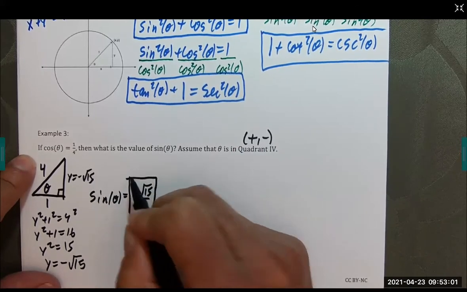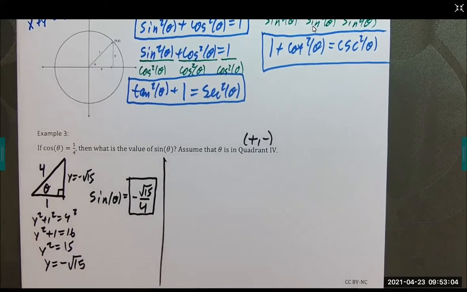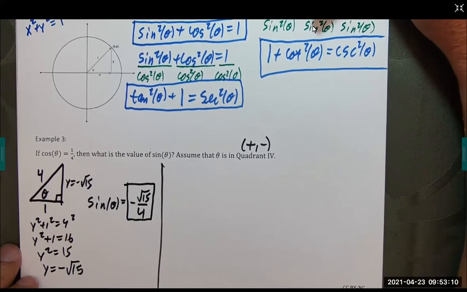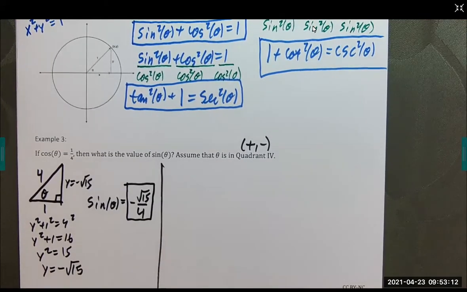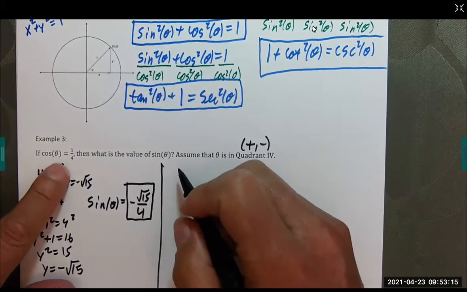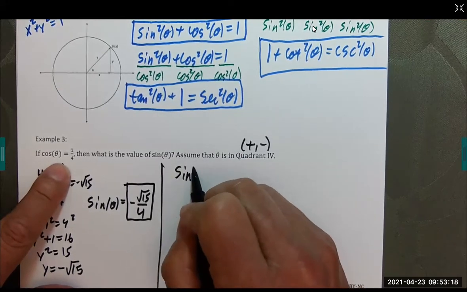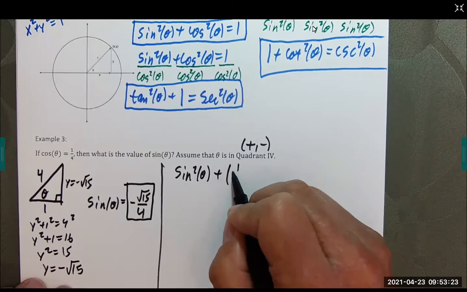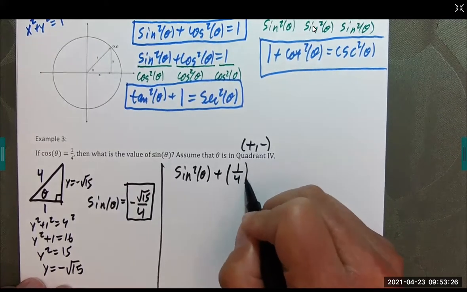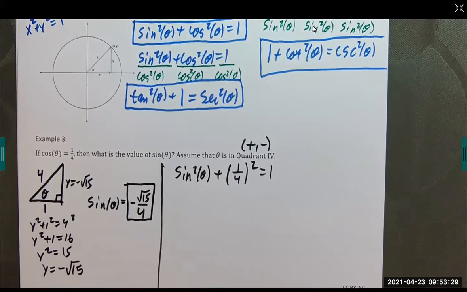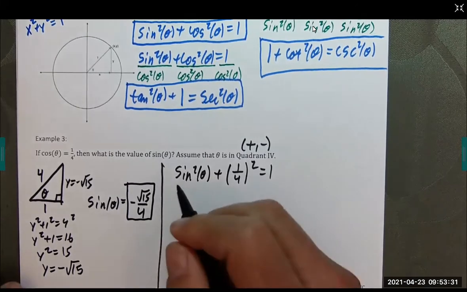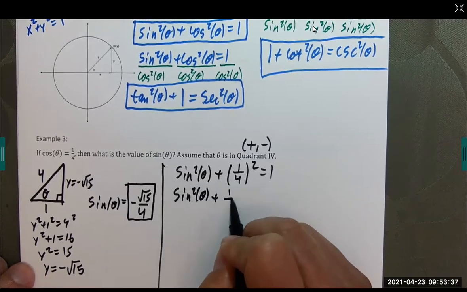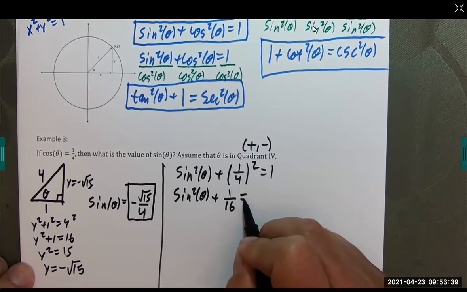No problem. However, I want to redo this using my Pythagorean identity. Make sure I can squeeze it on there barely. Here we go. So I know that cosine of theta is 1/4. So if I do sine squared theta plus cosine squared, cosine in this case being 1/4, equals 1, we get sine squared theta plus 1 over 16 when I square it equals 1.